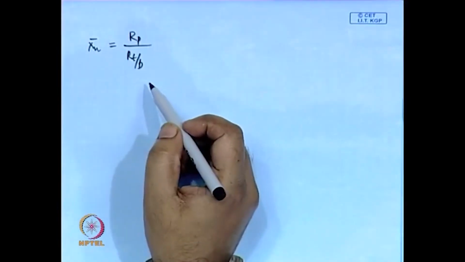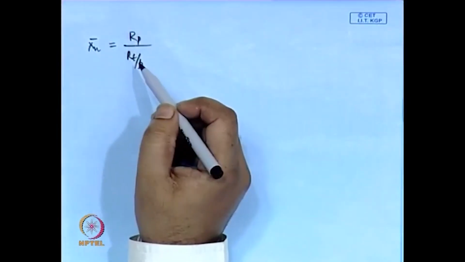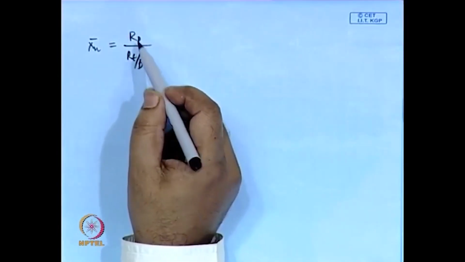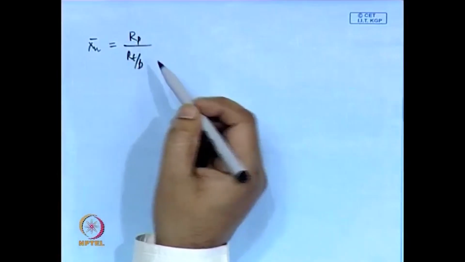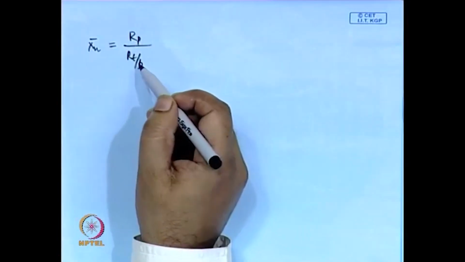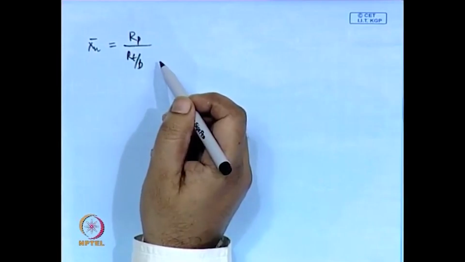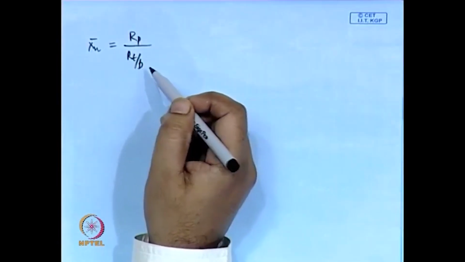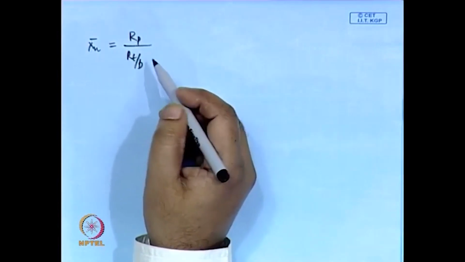Now, we have found that this expression gives the average degree of polymerization without any transfer reaction, where the termination is only due to either coupling or disproportionation, and B is the average number of initiator residues per polymer chain at the end of the reaction.